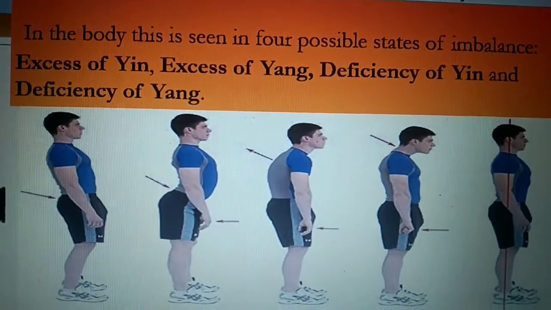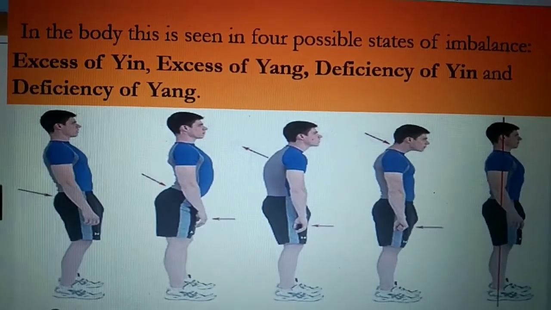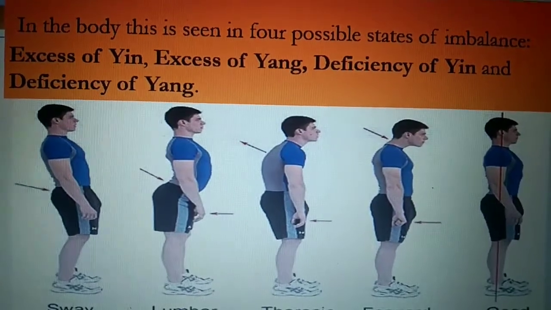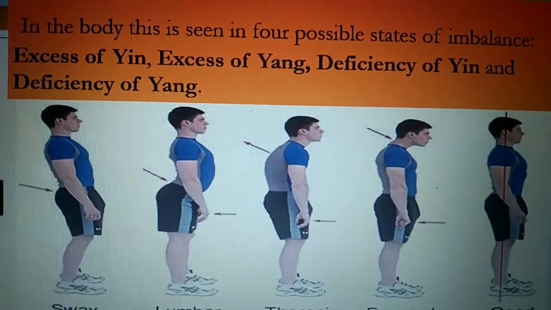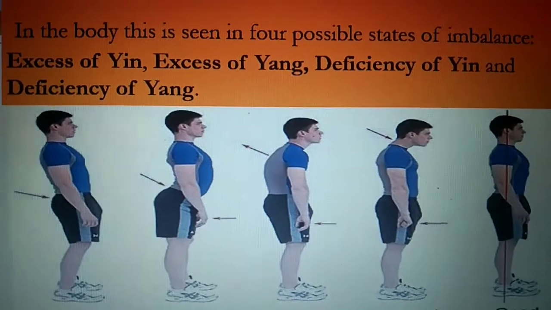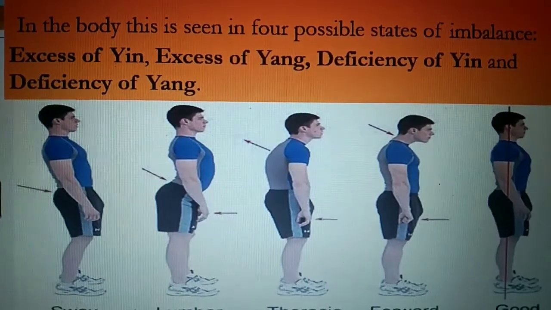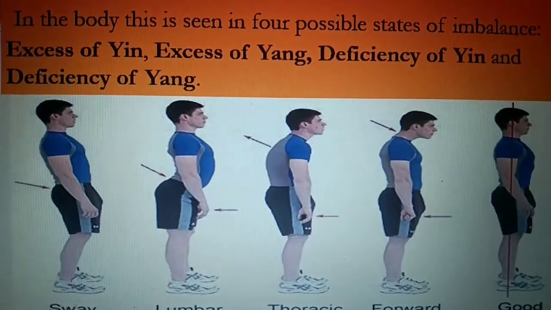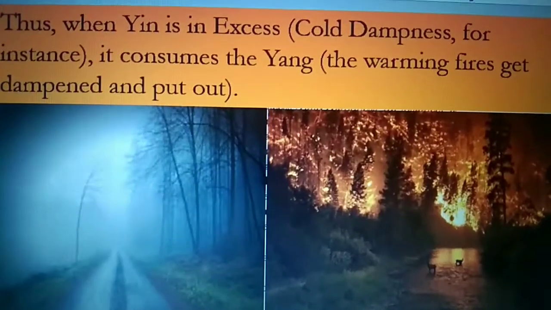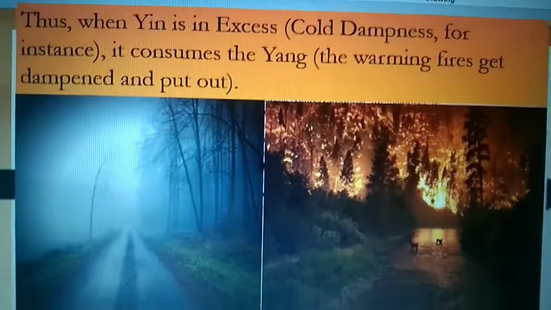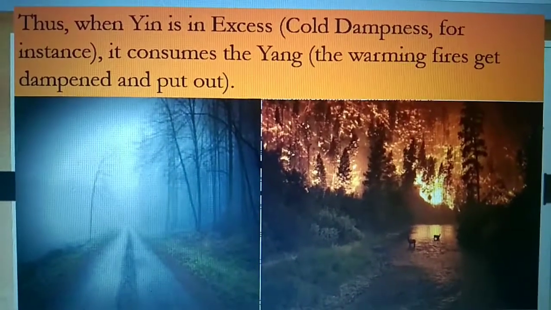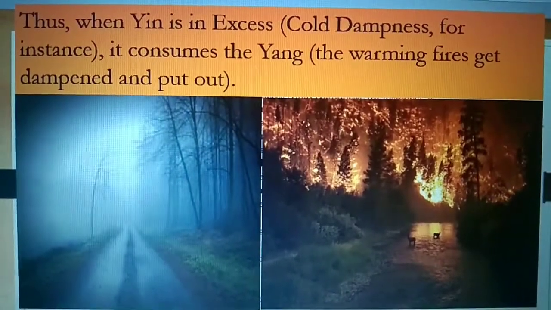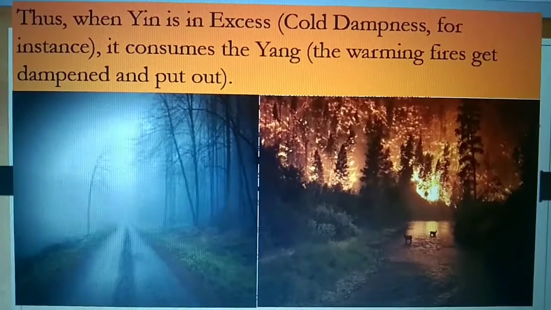In the body, this is seen in four possible states of imbalance: excess of yin, excess of yang, deficiency of yin, and deficiency of yang. Thus, when yin is in excess, cold dampness, for instance, it consumes the yang.